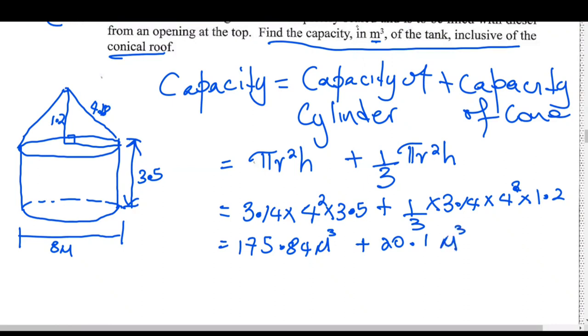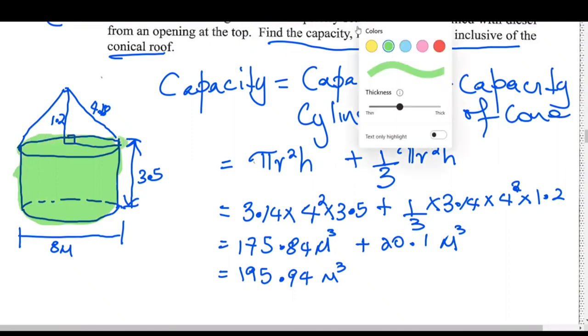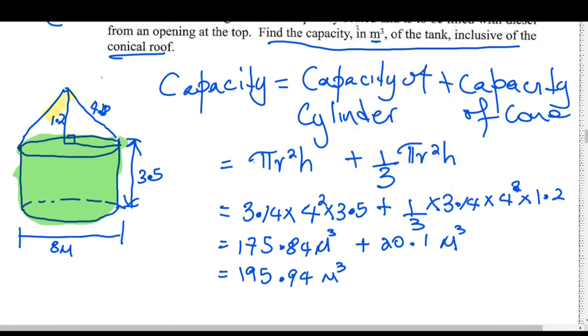So what we want to do is to add everything. 175.84 plus 20.1. And the capacity is 195.94 meter cube. So that's the total capacity, which is to first find the capacity of this cylindrical part, and you want to add that to the capacity of the cone.